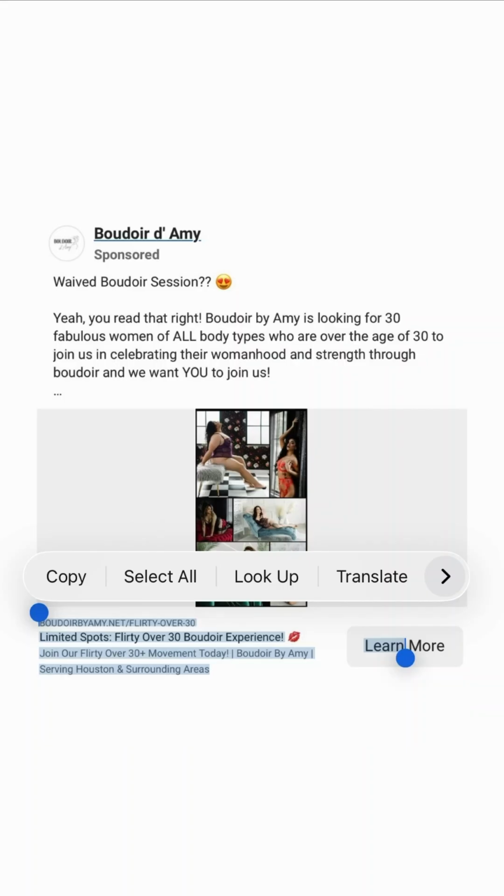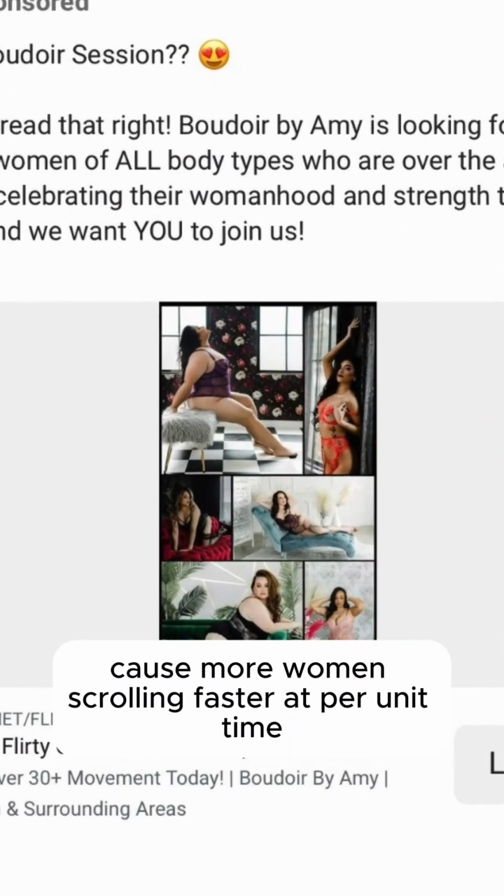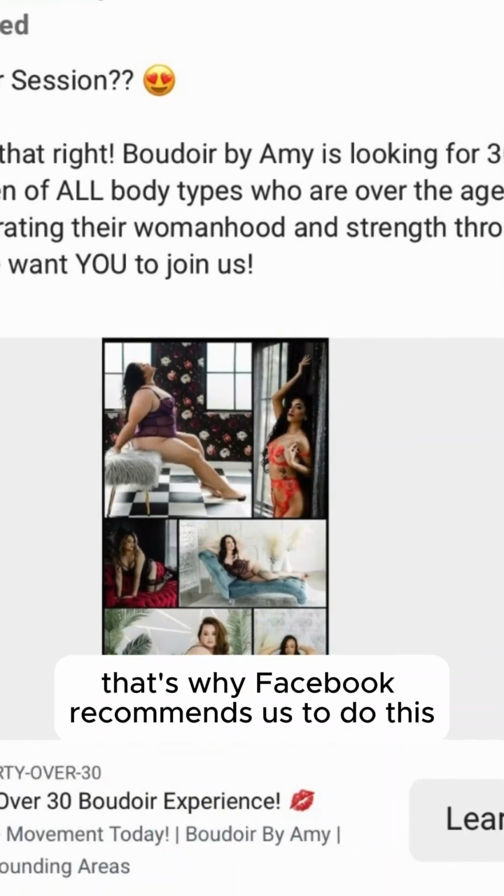And Facebook actually makes more money from this, because with more women scrolling faster, Facebook can serve more ads per unit time. That's why Facebook recommends us to do this.